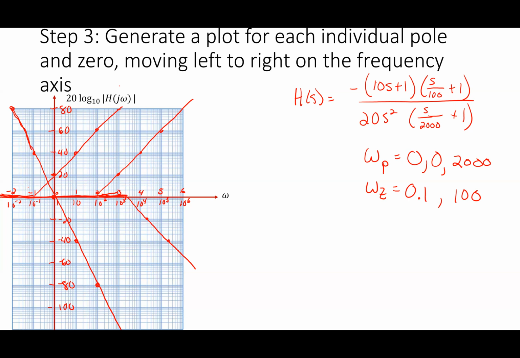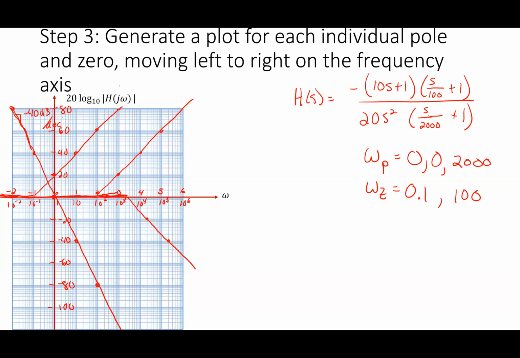So what's the rate that I'm falling in this region? This guy's -40 dB per decade. At point 1, I hit a 0. A 0 causes me to rise at 20 dB per decade.